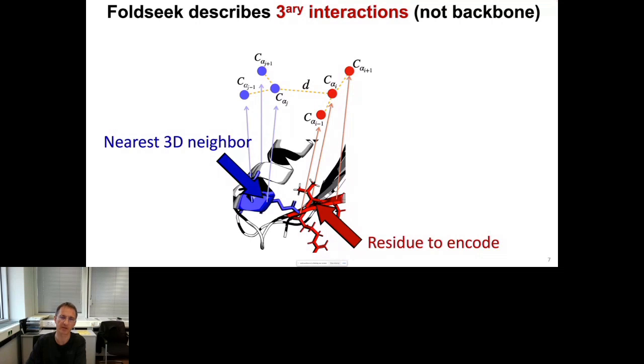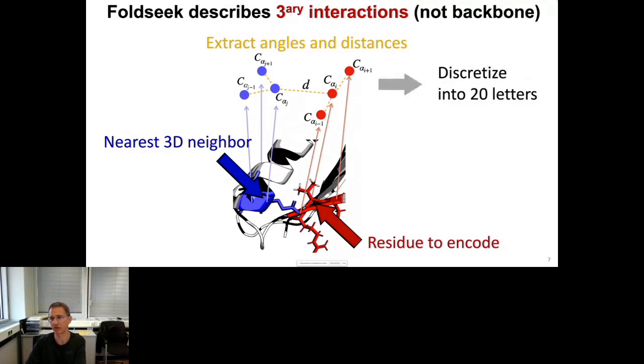So the 3 C alpha atoms around the red one and the 3 C alpha atoms around the blue one. The conformation of these 9 residues is described with a 10-dimensional descriptor containing angles and distances. These 10-dimensional vectors are then discretized into 20 letters.